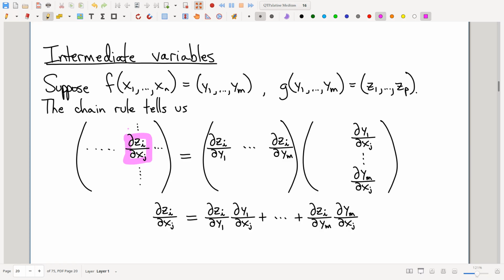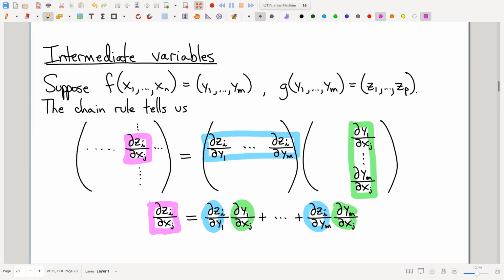To compute that element, I'm going to need the corresponding row in this matrix, and the corresponding column in that matrix, and I'm going to have to dot them in the usual way. That's all I really need in order to compute that entry.